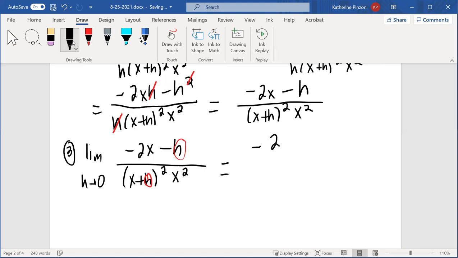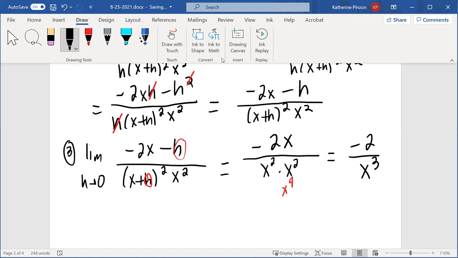So in the top, I'm going to have negative 2x. In the bottom, what's x plus 0? x squared times x squared. x to the 4th. Okay, let's do a little simplifying. I have an x on the top and an x to the 4th on the bottom. Negative 2 over x to the 3rd.